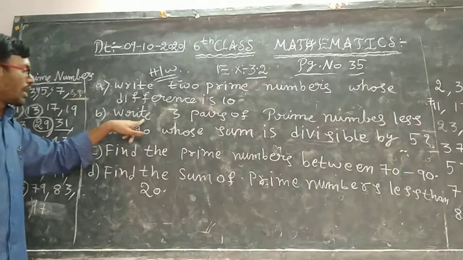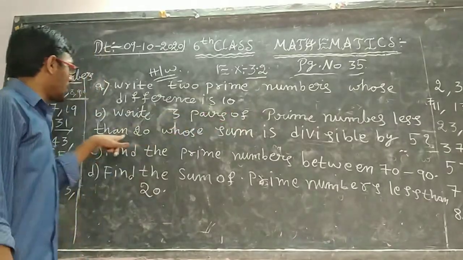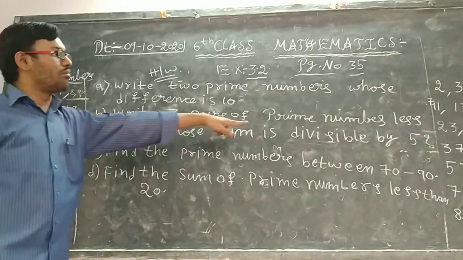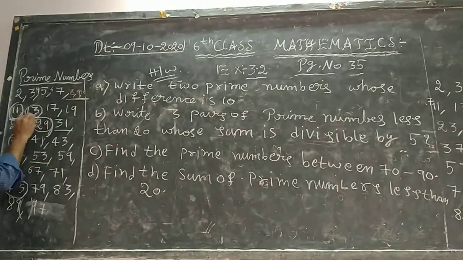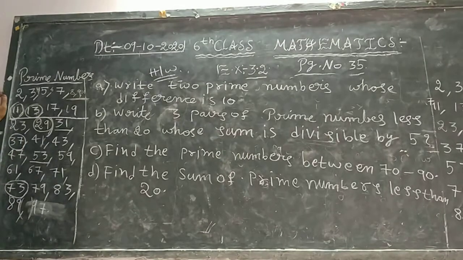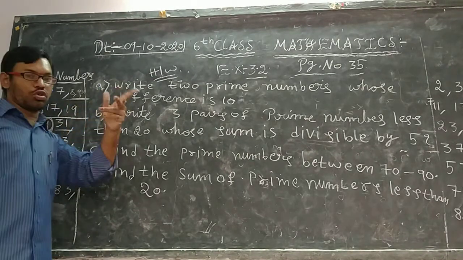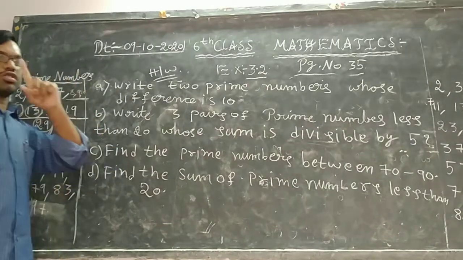Next, B problem. Write three pairs of prime numbers less than 20 whose sum is divisible by 5. So less than 20 means up to 19 only you consider. In this you are supposed to write three pairs. Pairs means two numbers. Okay, two numbers is equal to one pair.